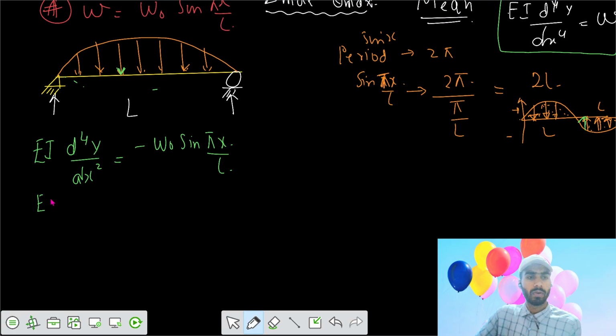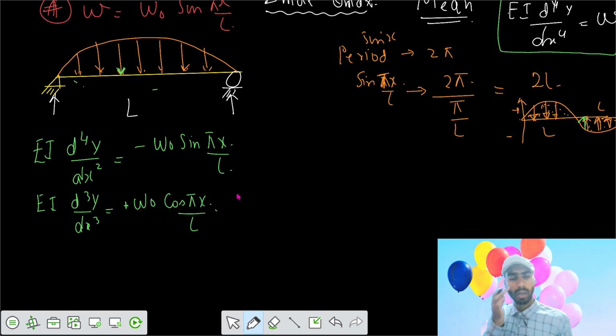Integrating for the first time, we can say EI d3y by dx3 equals your shear force, which is minus W naught times the integral, that means W naught cos of pi x by L into L by pi, plus some constant C1.